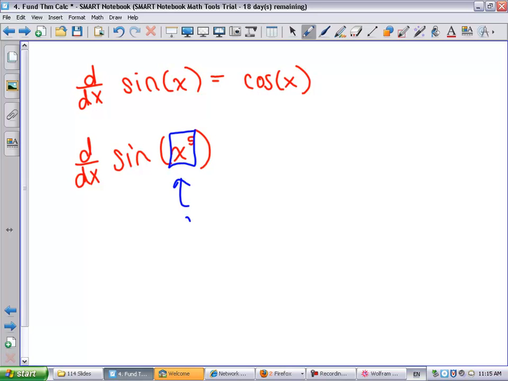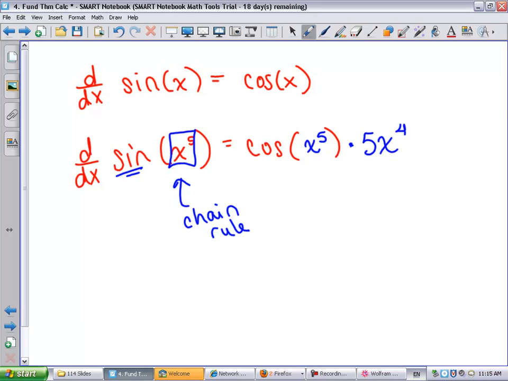That's right, you do the chain rule. So the chain rule says you take the derivative of the sine part, just like normal, and you get cosine. But instead of plugging in just an x, we're going to plug in that x to the 5th. But then we're not done, because we have to follow that by the derivative of x to the 5th, 5x to the 4th, right?